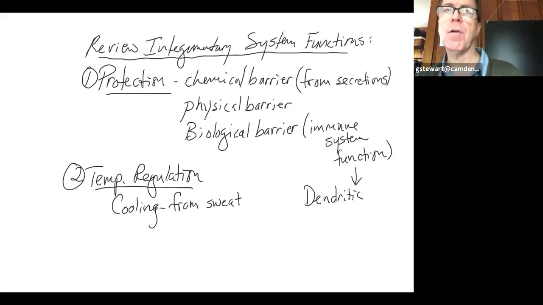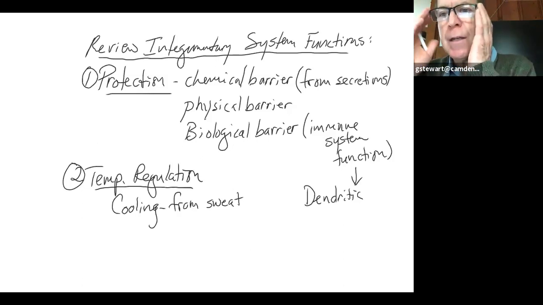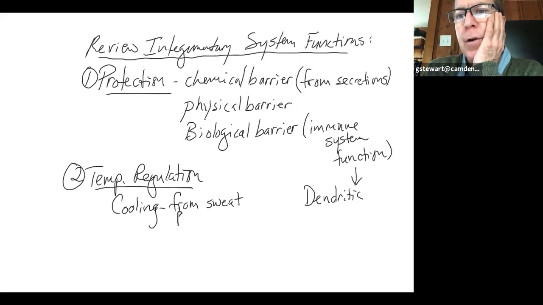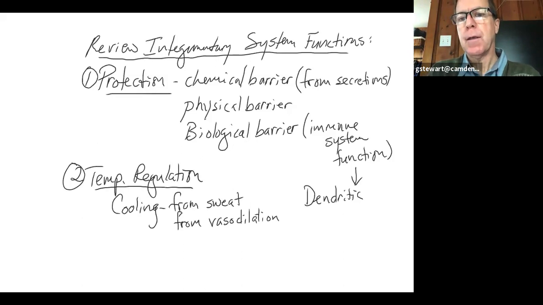Every time we secrete sweat in those merocrine sweat glands, those eccrine sweat glands, when that sweat evaporates off of our bodies, it's a cooling process. Also, the blood vessels that are closest to the surface of our skin, I'm going to put from sweat and from vasodilation. So when the blood vessels that are closest to the surface of our skin dilate, that releases heat. So that's a form of cooling.